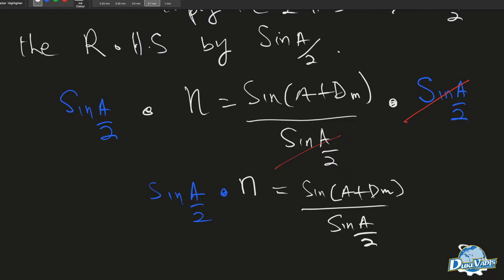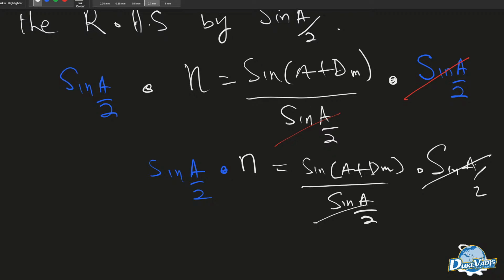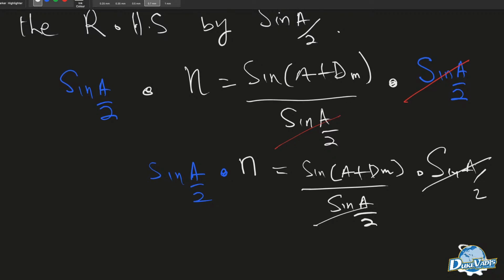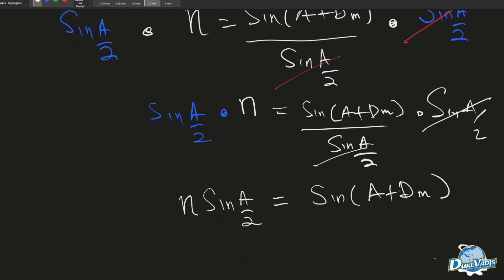Mathematically this is now gone, because this multiplies this, so we're not going to have sine A over 2 over sine A over 2 again. So our equation now is n sine A over 2 is equal to sine of (A plus D subscript m). Have you seen it? So you see that it's become so easy for us to work it out.